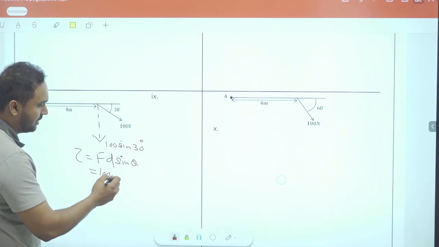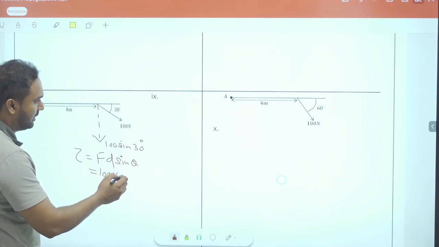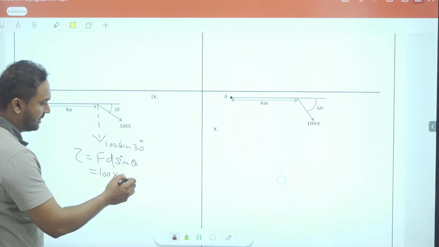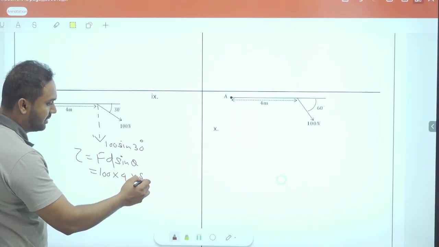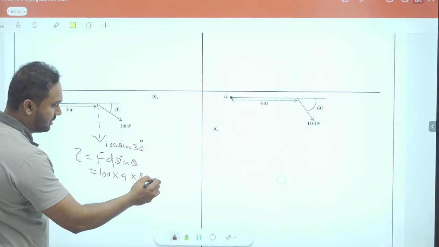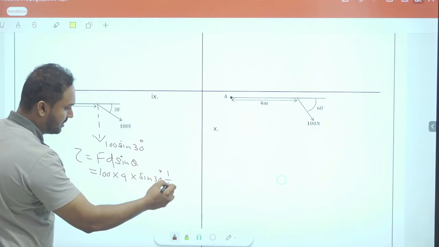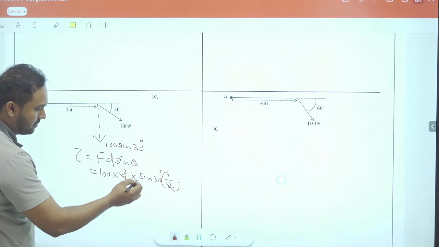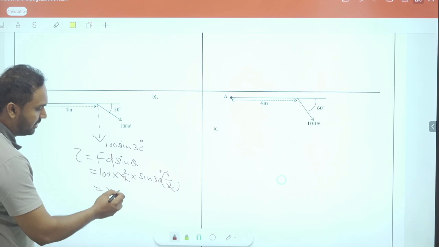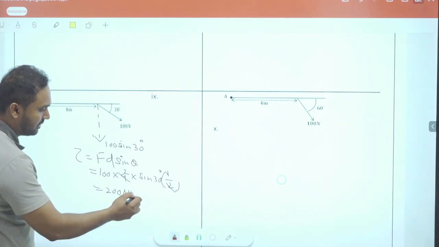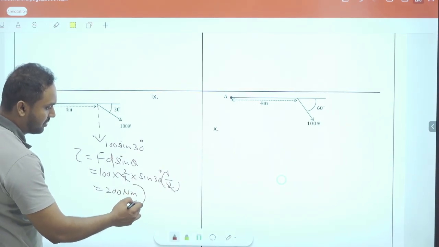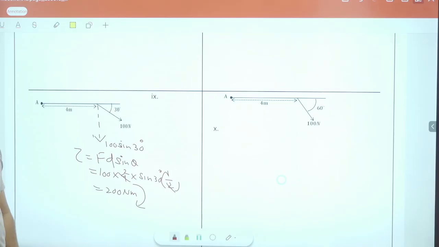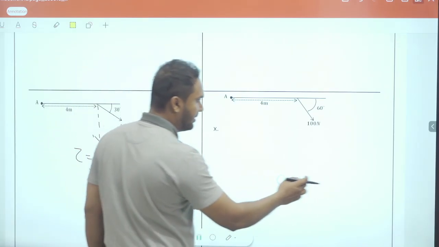So 100 into d is 4 meters into sine 30. Now sine 30 is half. So it will be 200 Newton meters clockwise, right? Clockwise.